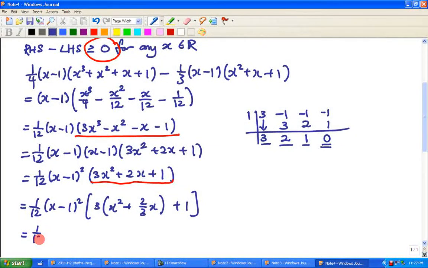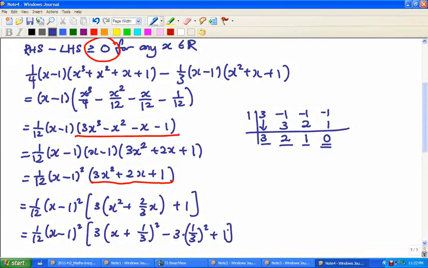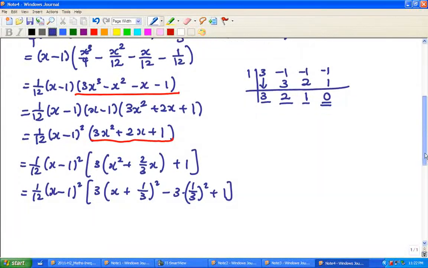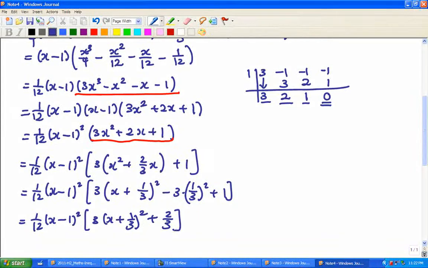Now I would have the following, and this should simplify out to, indeed, once we have completed the square, you realize that the remaining quadratic expression is always expressed as a perfect square times a positive constant plus another positive constant.